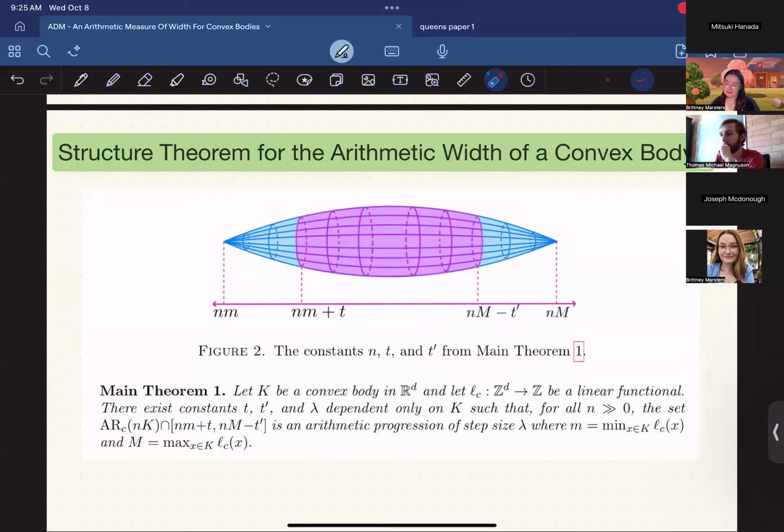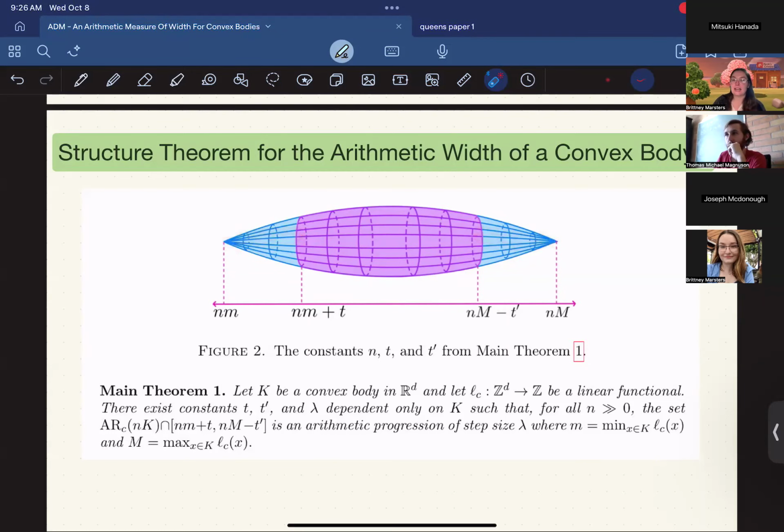The next fixed thing is that as I'm dilating, this region here is going to be responsible for the arithmetic progression part, and these regions here are going to be responsible for the almost part. So these are where my gaps are happening, and I can think about t and t prime as some fixed distance here.